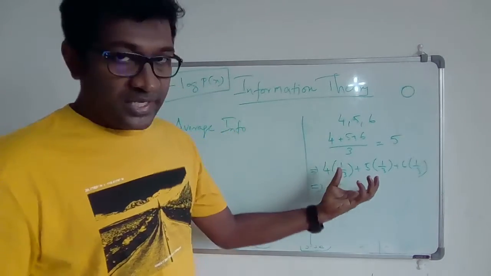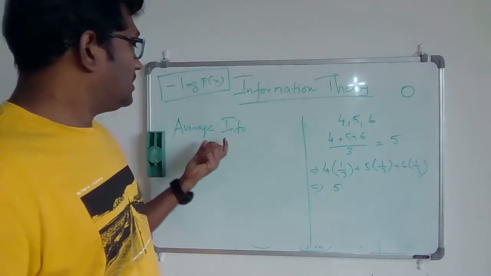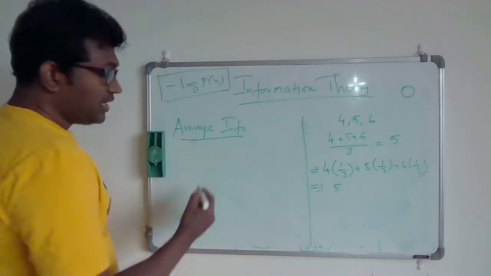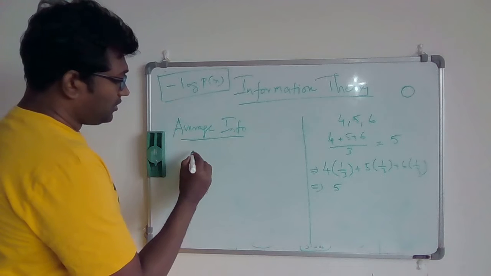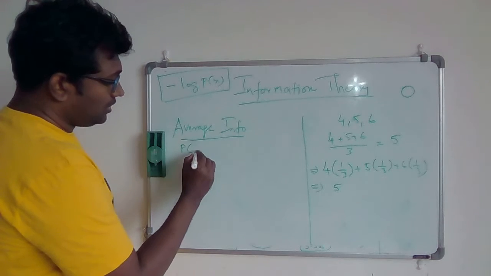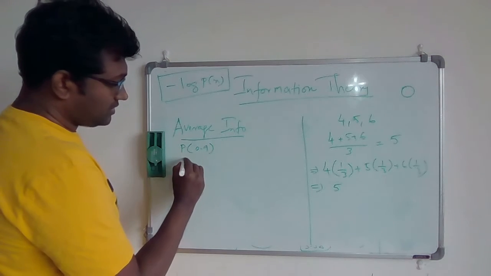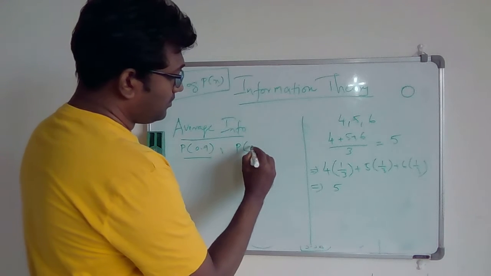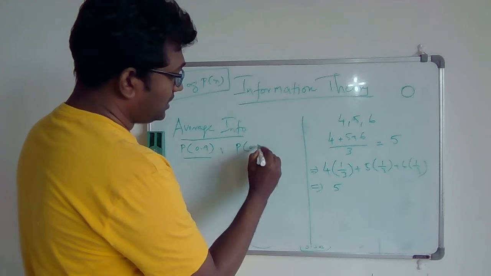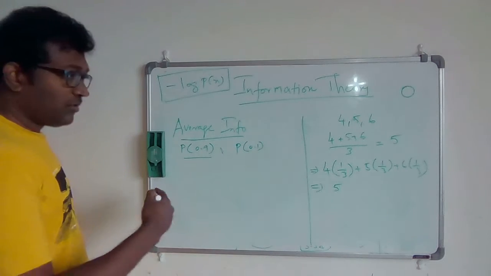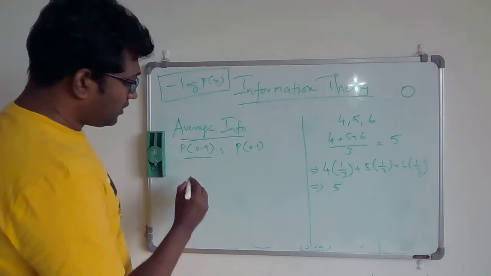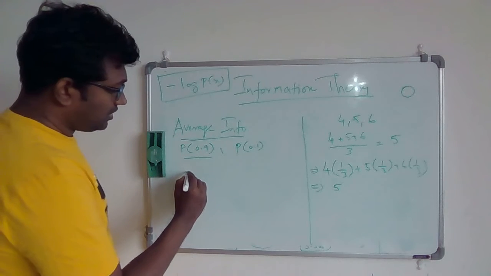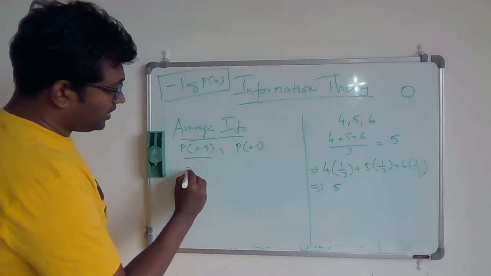Now, why I'm saying this is how the average information is calculated. In the earlier example, I gave you the probability that it is going to be sunny. It's always 0.9 in Chennai, and the probability of rain is 10%, 0.1. If you want to find the average information, we find the information and multiply it by the probability of that event.